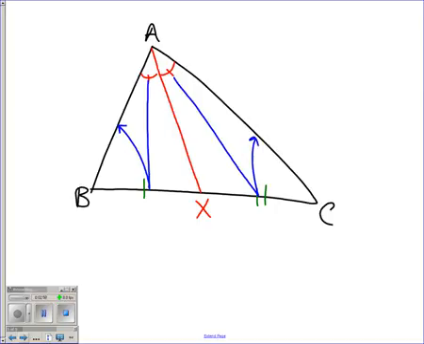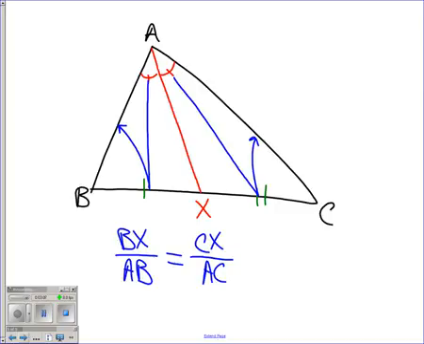In other words, the length of BX compared to the left side AB, that ratio is the same as CX over on the other side compared to its original side AC. That's another proportion that just happens to come about when you have an angle bisector. Only for an angle bisector. That's not a median or anything else.